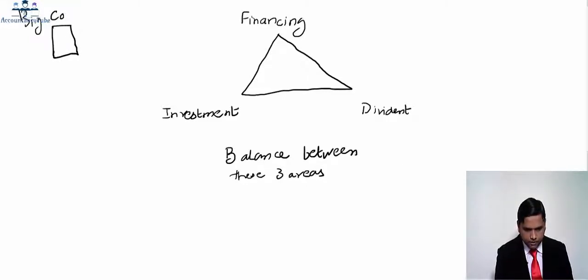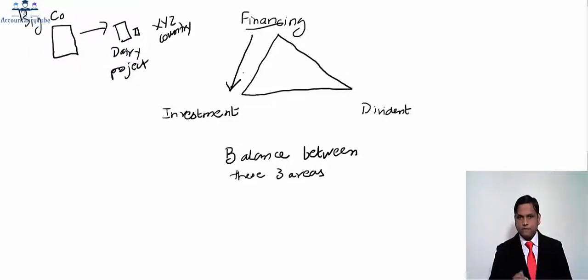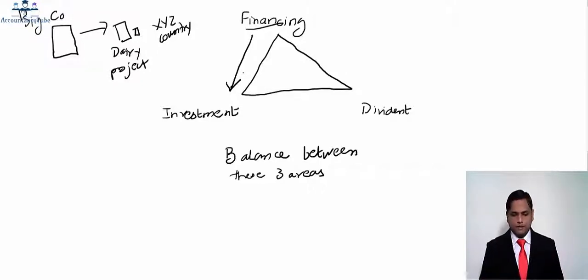We call it the big company because it's big, and it wants to invest in a dairy project in XYZ country. So the big company needs financing. For the purpose of investment, as you can see, it needs financing.